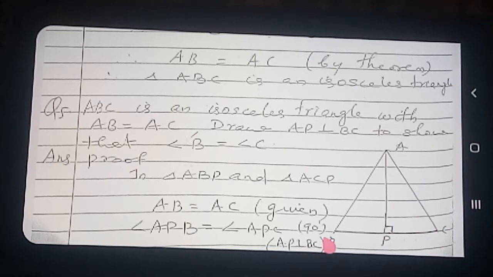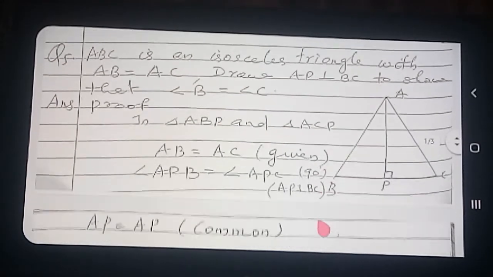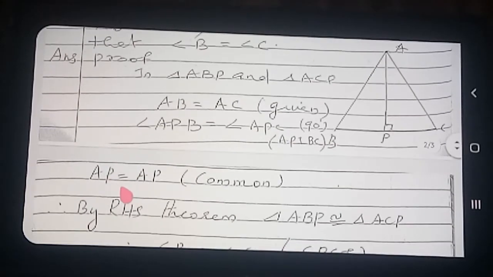Okay. Now next point, see. One more part we can say, which part? AP is equal to AP. It is a common side. Here I didn't draw a separate diagram because it is already separate, you can identify it. So AP equals AP, common side. Here also which theorem will we apply? RHS theorem only, because a right angle came, hypotenuse AB came, and one side AP came.